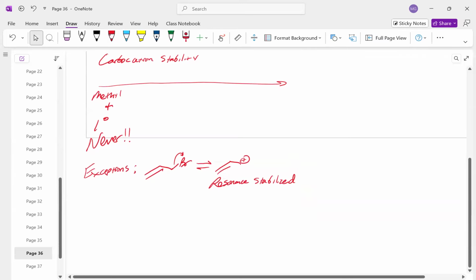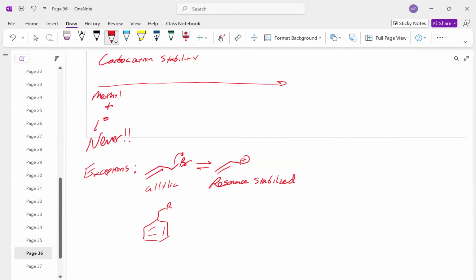You can form that primary carbocation. Same thing. So again, this was allylic. If it were benzylic and primary, that can be resonance stabilized as well. So those types of primary carbocations are okay, but if it can't be resonance stabilized, then you don't ever form it.